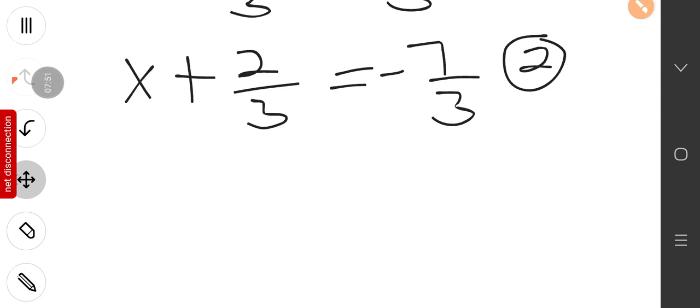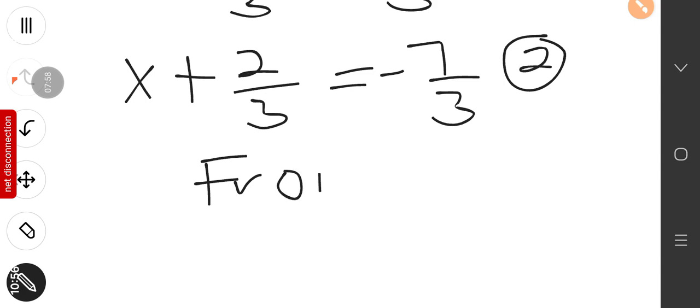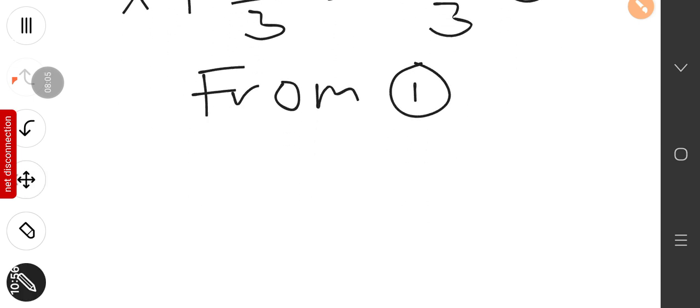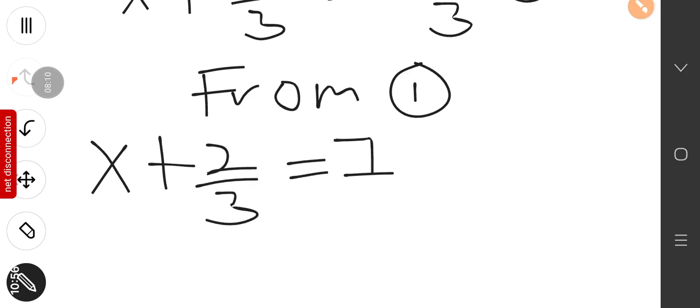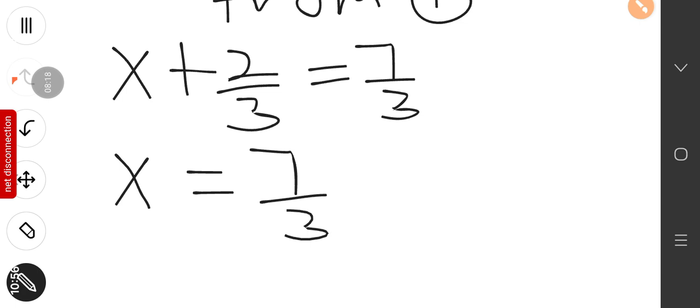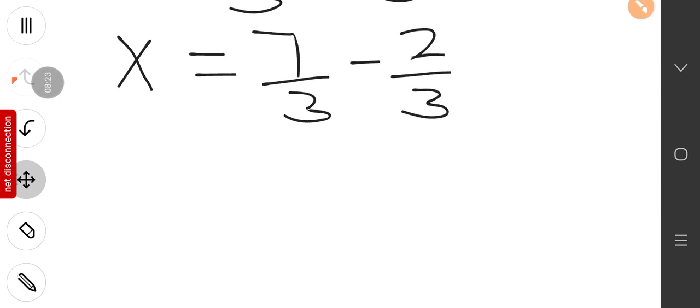Now from equation 1, x + 2/3 equals 7/3. So we are going to have x equals 7/3 minus 2/3.